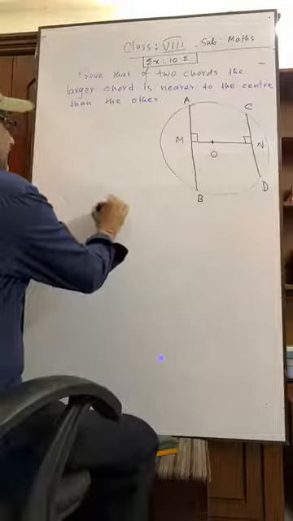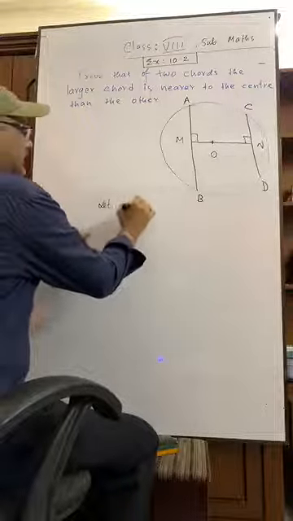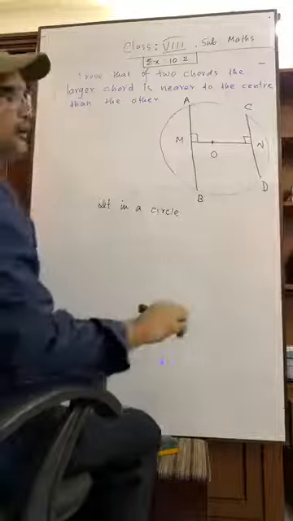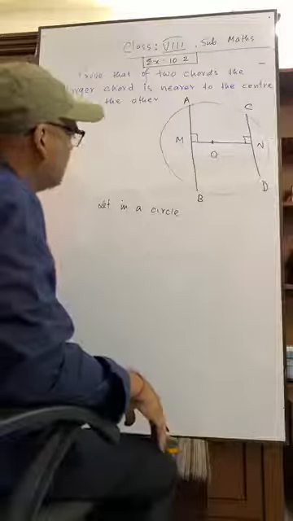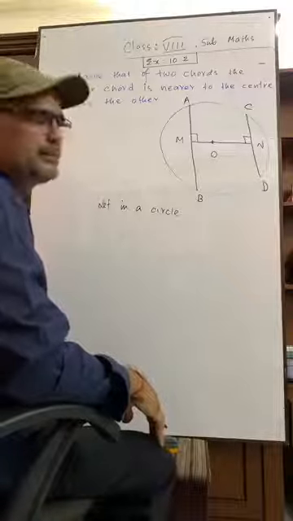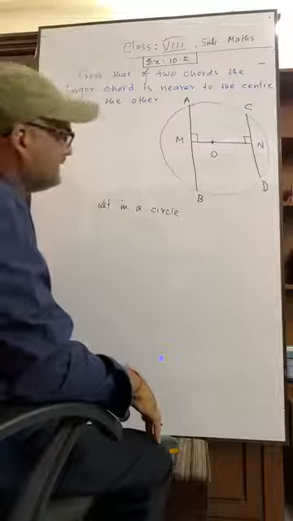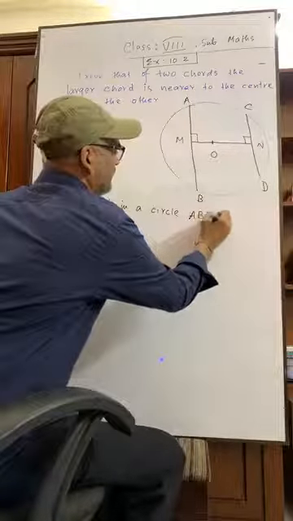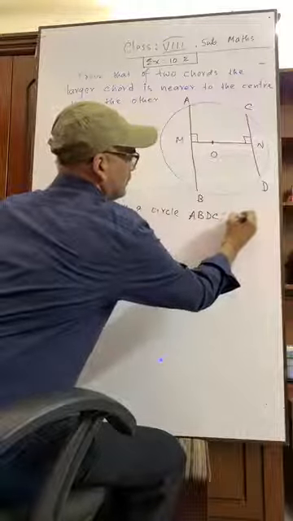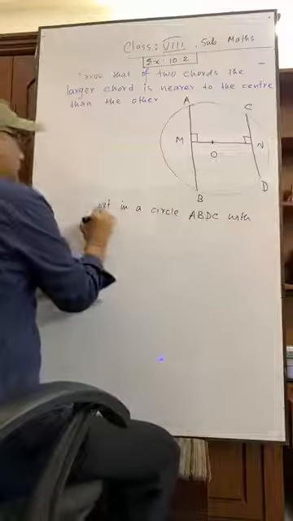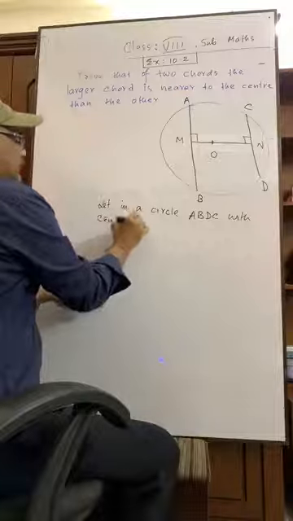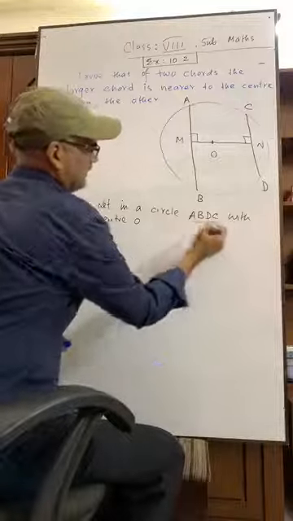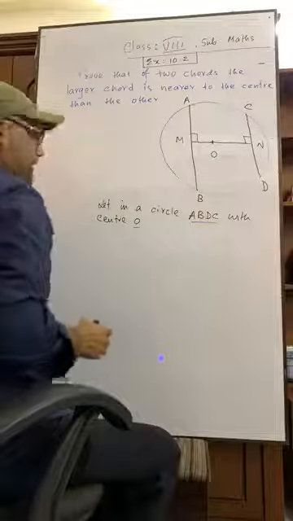Okay, write down. Let in a circle, I told you there, you have to name the circle. So what is the name of the circle here? ABDC. Let in a circle ABDC with center O. You have to always mention the name of the circle as well as the center of the circle.